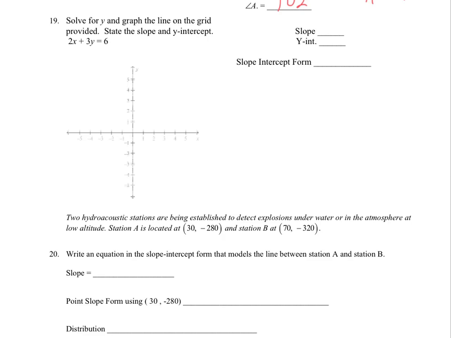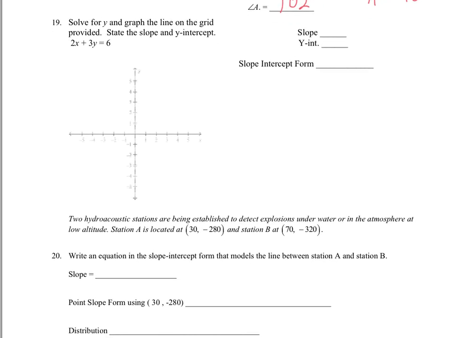So we have to first change this from standard form to slope-intercept form. How do we do that? Just like they said, we were going to solve for y. So we're going to subtract 2x.